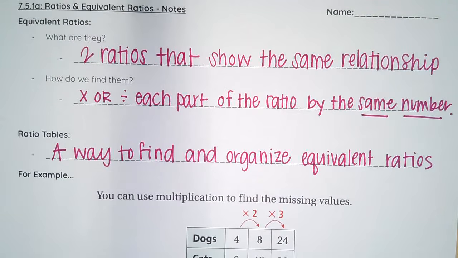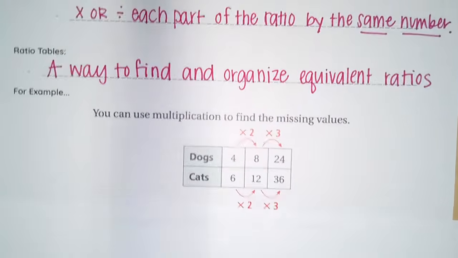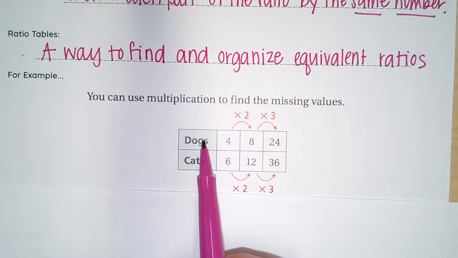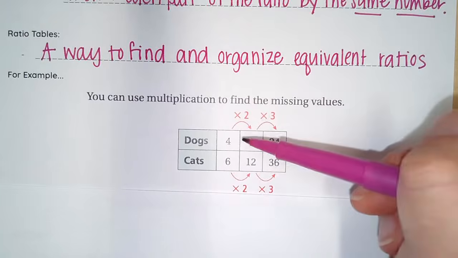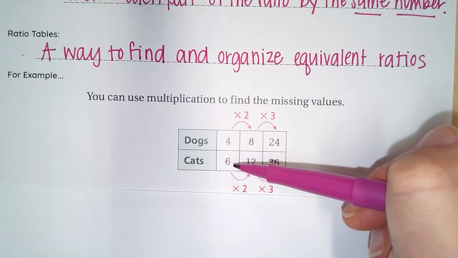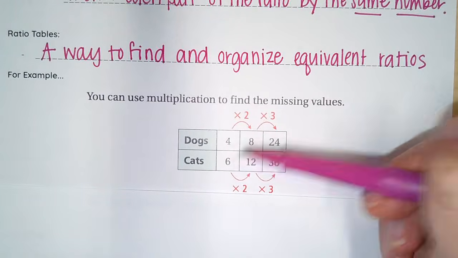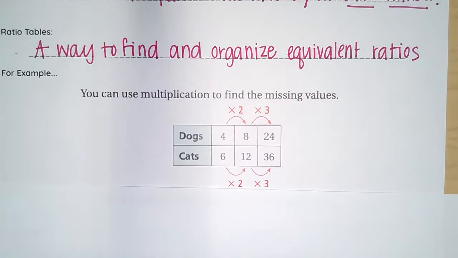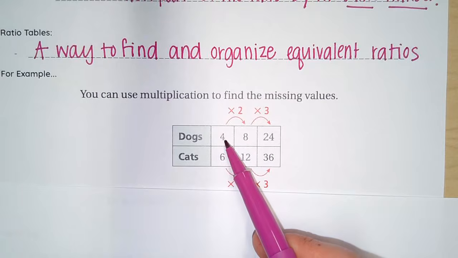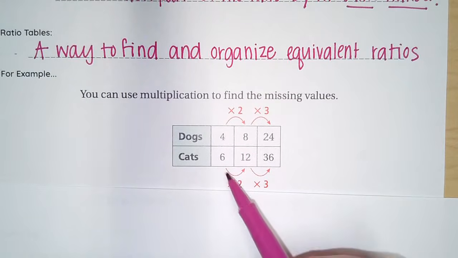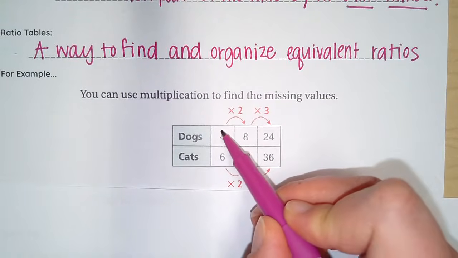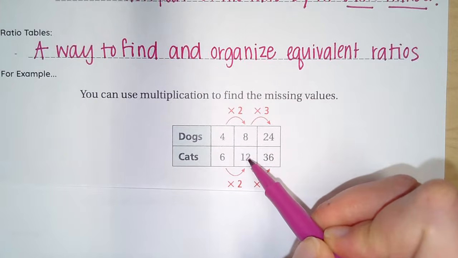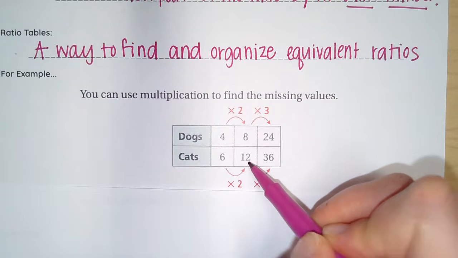So here is an example of that. If I have a ratio of dogs to cats, and my ratio is 4 to 6, I could find equivalent ratios by multiplying them both by the same thing. So for example, I could multiply both 4 and 6 by 2. 4 times 2 is 8. 6 times 2 is 12.